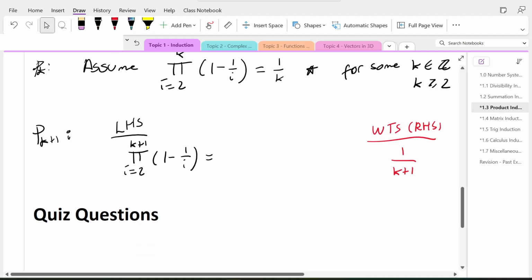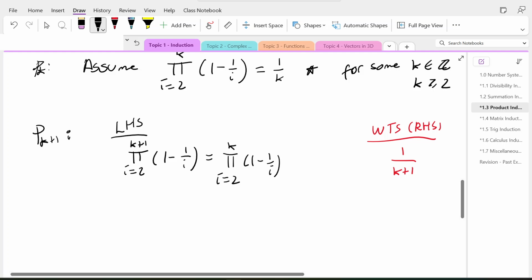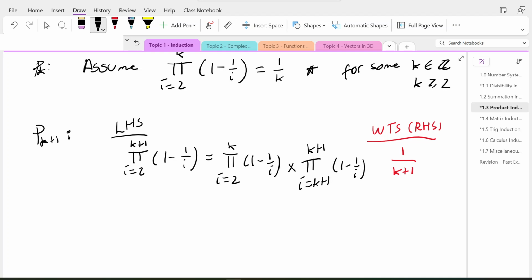All right, so let's split up our product into 2 pieces. So this is going to split up into 2 up to k, and then times by the last term, so just that k plus 1th bit. There we go.